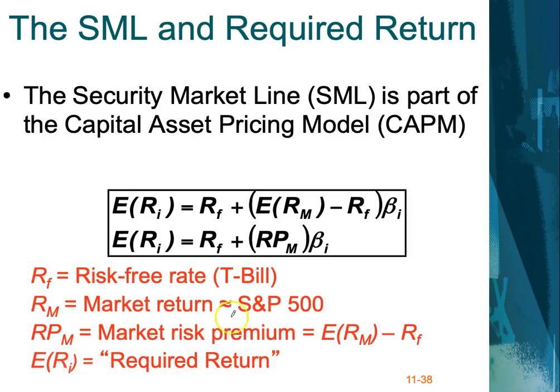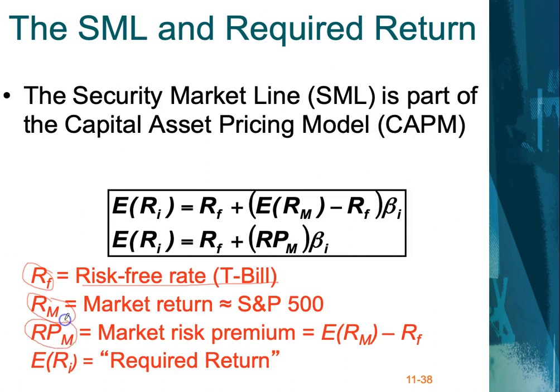So we've built a little background there. Now you know that RF is the risk-free rate, or the T-bill. Market return, RM, stands for the return of the market, or the S&P 500.